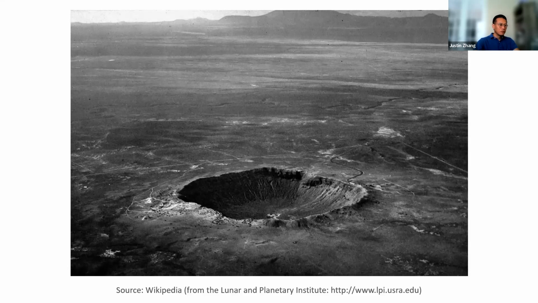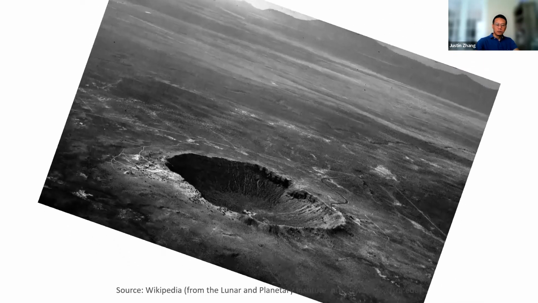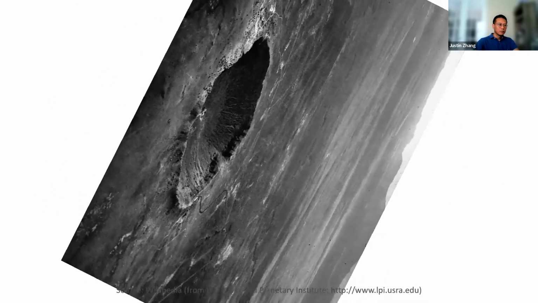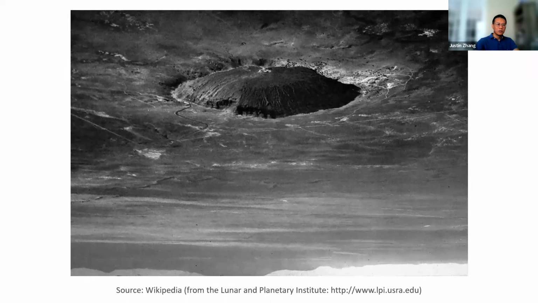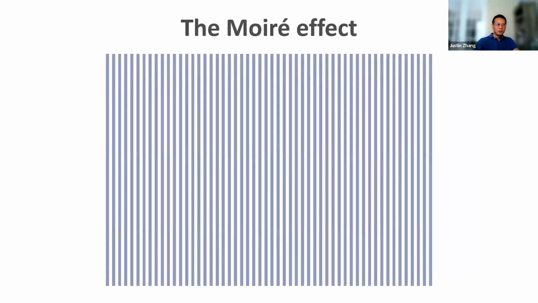So this is a picture of a crater from Wikipedia. If we turn this slide around, now it looks like we're climbing a hill. This is called the Moiré effect. Do you notice the shimmering effect if you stare at the image?